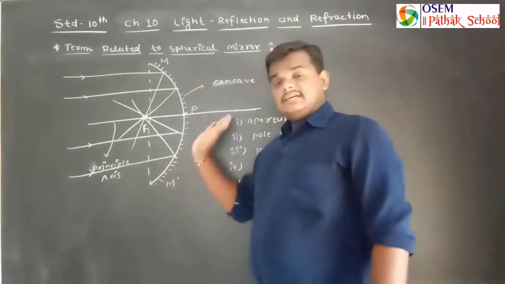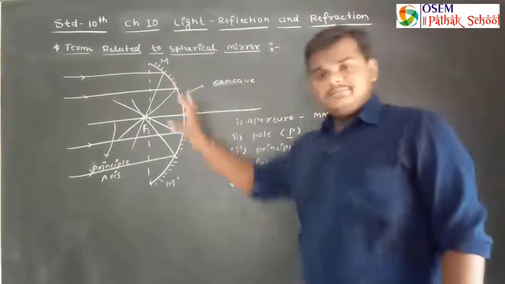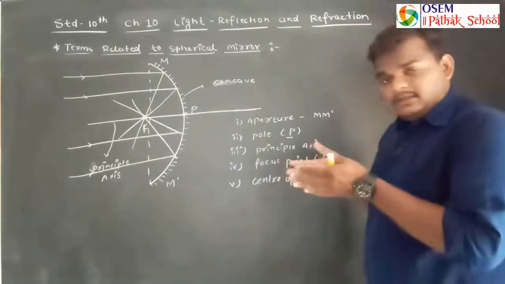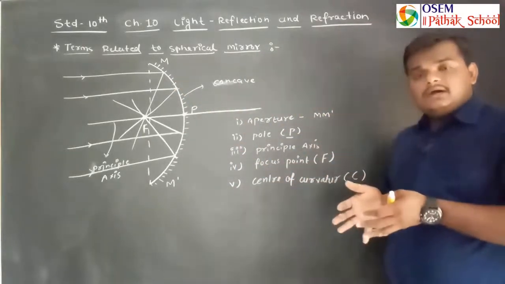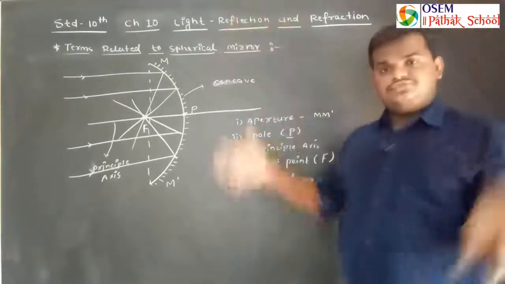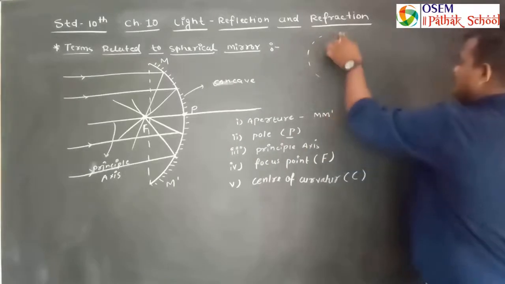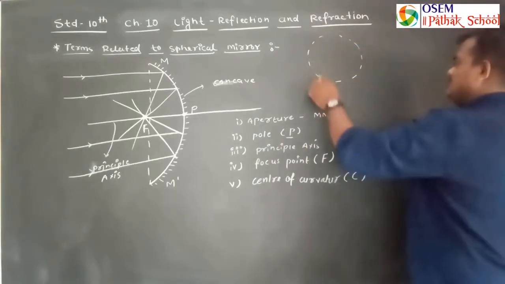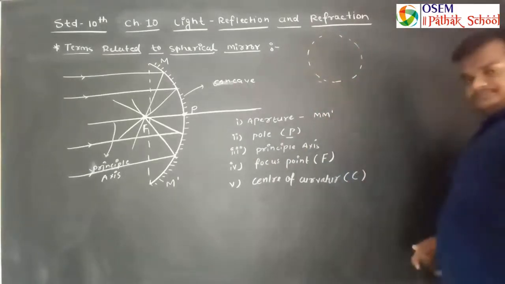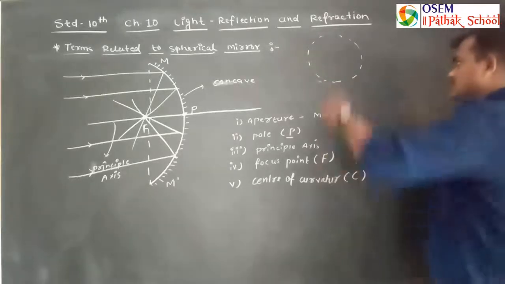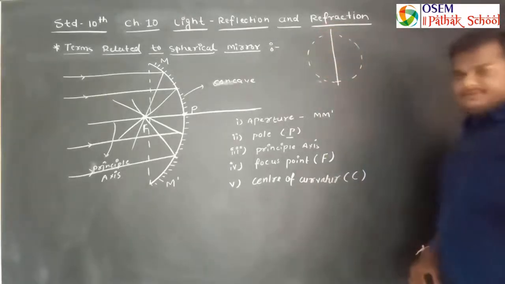In the last lecture we discussed how spherical mirrors are formed. A spherical mirror is a part of a complete sphere. Suppose this is our concave mirror, it is made from a sphere, cut down from the midpoint.